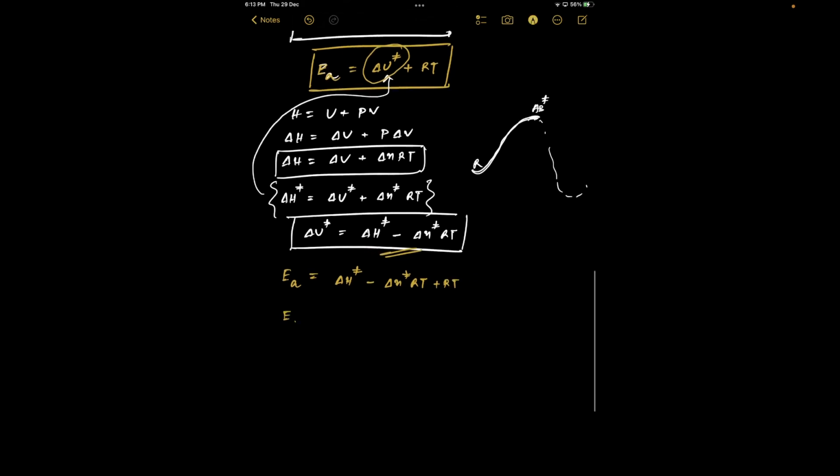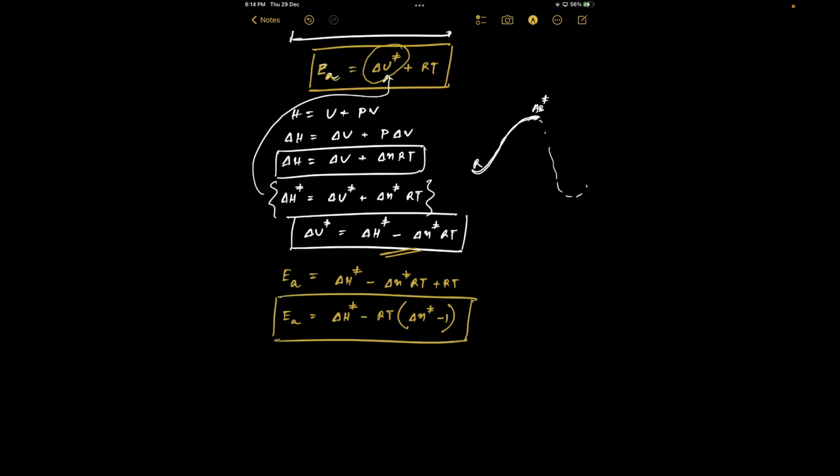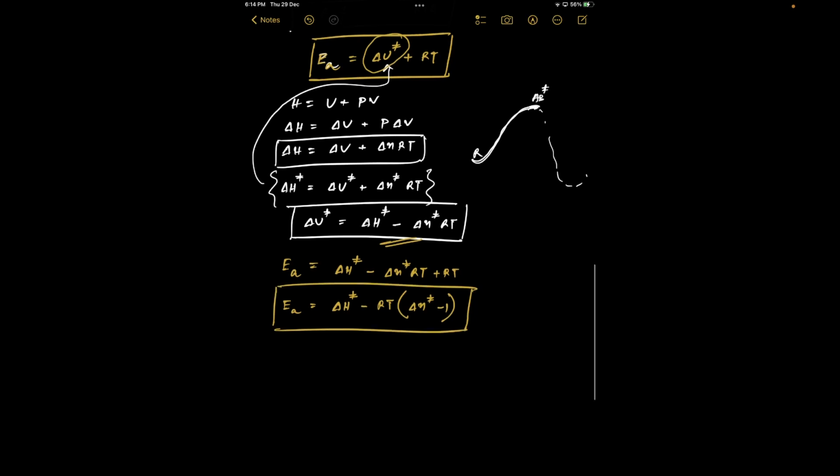So EA will be delta H double dagger minus, if you take RT common, delta N double dagger minus 1. Okay, so this is the expression for the activation energy.